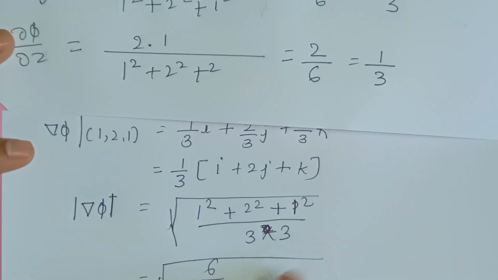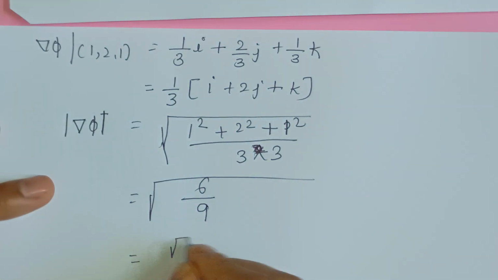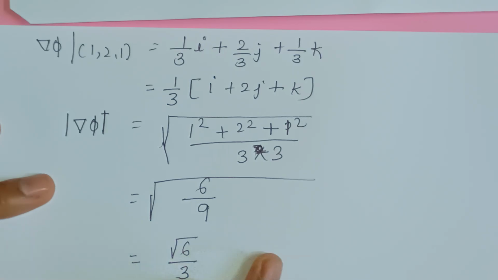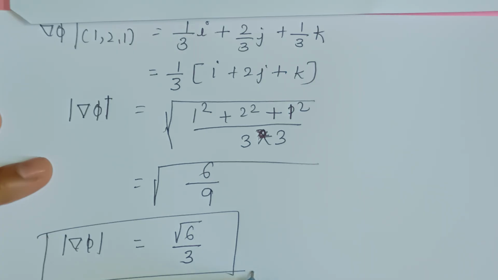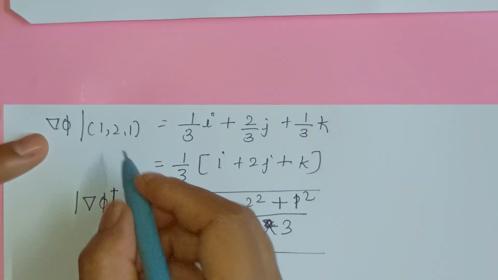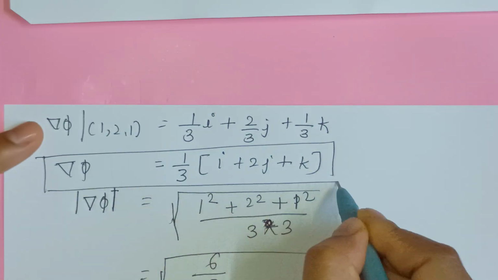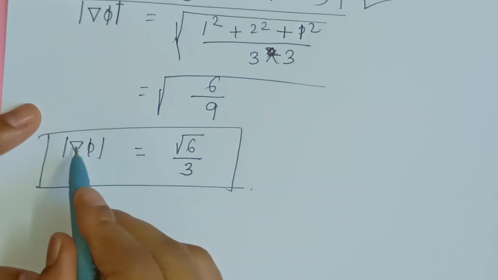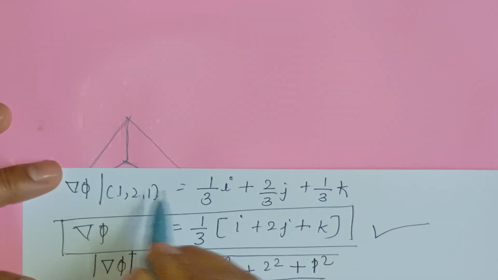I can write this as 3 into 3, so if I take it out of the square root, it is going to be just 3. Now I can write square root of 6 by 3. So the magnitude is square root of 6 by 3. Hence, we have found both del phi and the magnitude of del phi at the point 1, 2, 1.